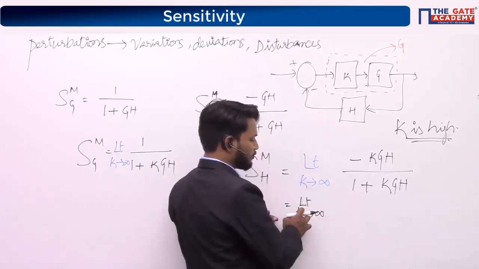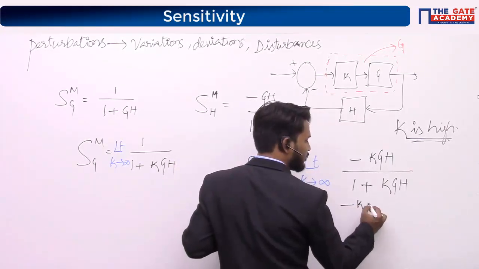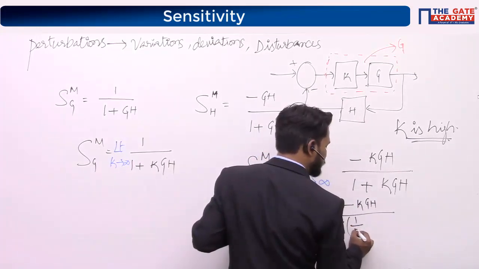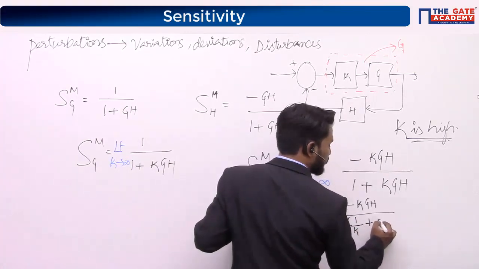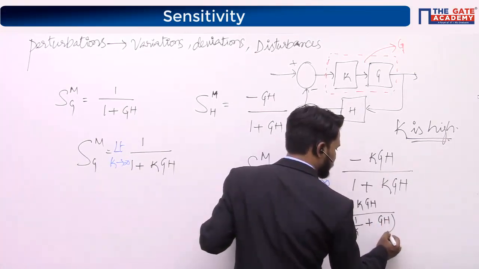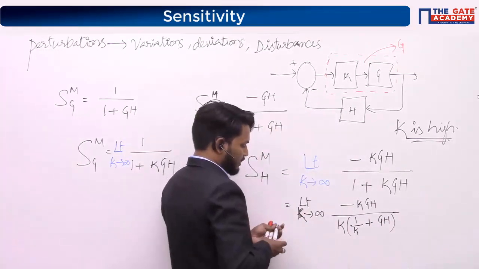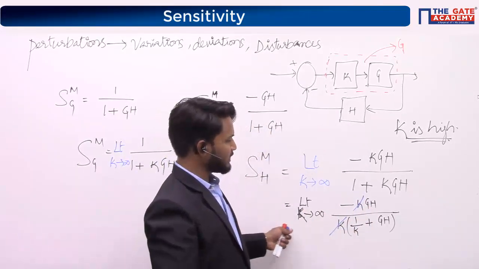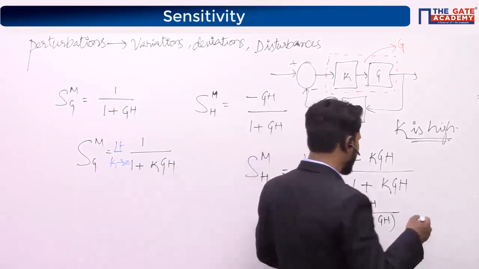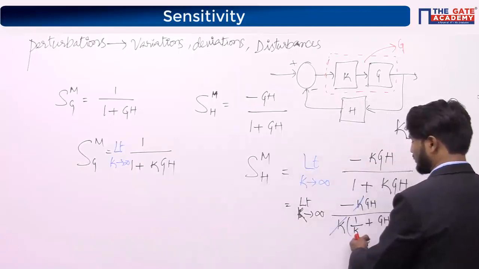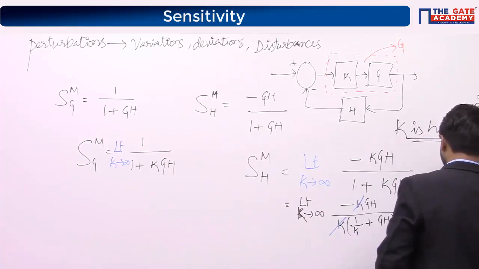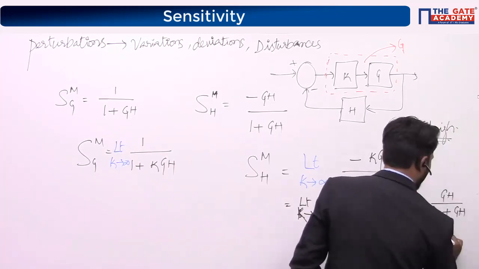Indeterminate form, therefore take K common in the numerator and in the denominator. That is K into 1 by K plus GH, so you can cancel this K and this K. If you put K equal to infinity, 1 by infinity is 0 plus GH, so you will get 1.